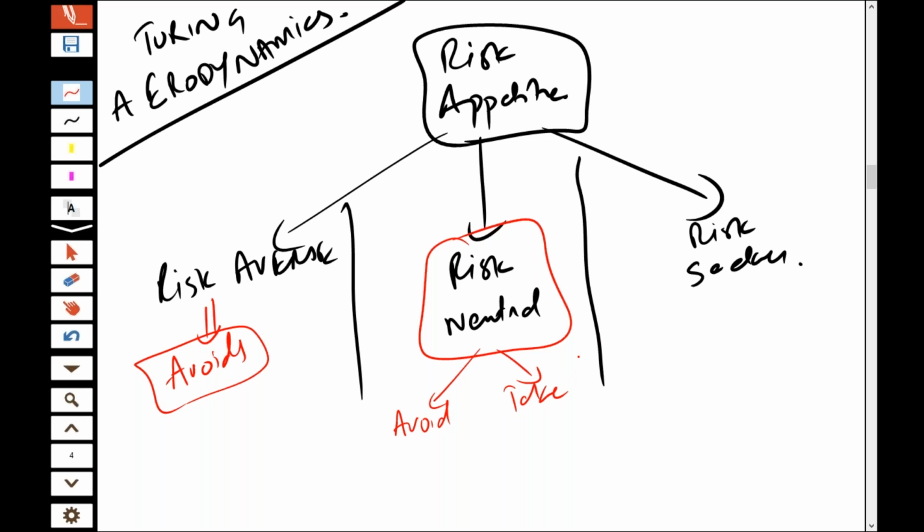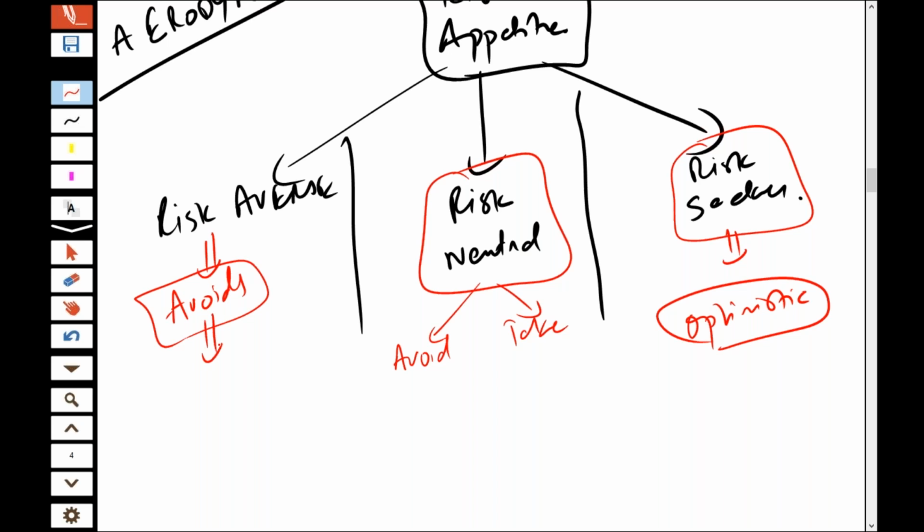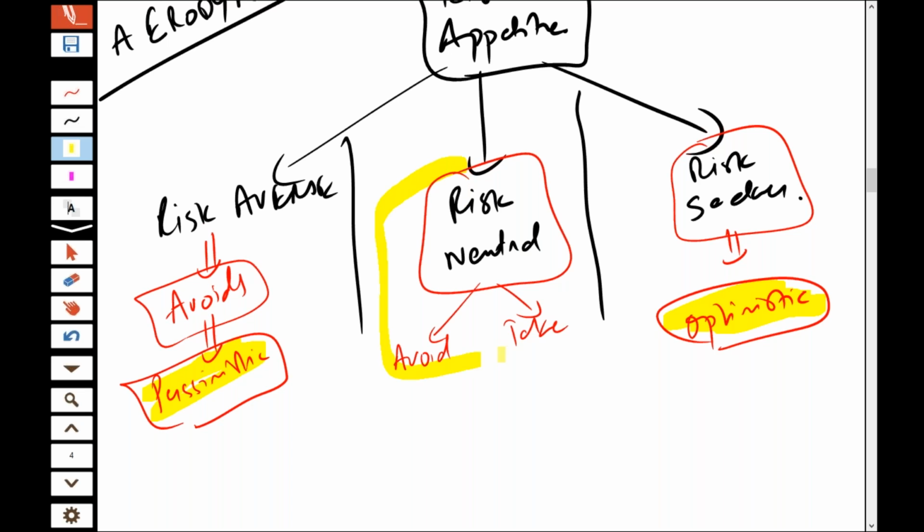So there is something that could be a risk neutral strategy. And the third one is a risk seeking entity, which actually is a very optimistic entity, which sees opportunity in every single decision that they take. So you've got a risk averse decision maker, which is more pessimistic. You've got a risk seeker, which is optimistic, and then you've got a risk neutral strategy.